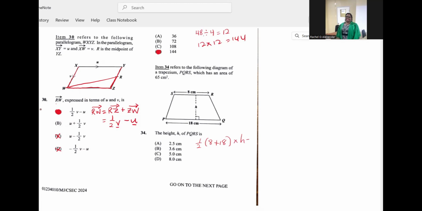And they're saying that this area is equal to 65. So 8 and 18 is 26. Half of 26 is 13. So 13h is 65. So h will be 65 divided by 13, which is 5.